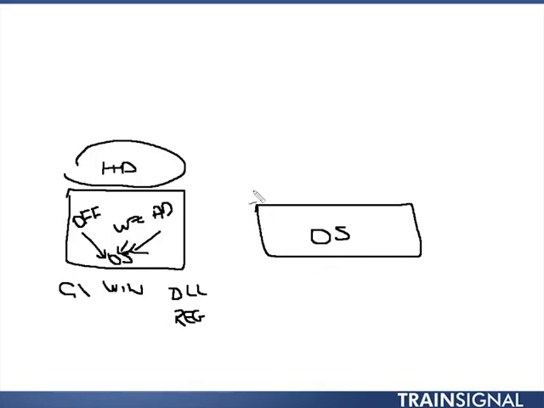Now, when you want to install an application, that application gets layered on top. So imagine if this was Office, right? So it gets layered on top. Those are your hooks into it. It opens the registry when it needs to. It makes the modifications, but nothing actually sticks, right? It uses the DLL files. It uses everything in that operating system without actually making any changes to the operating system.